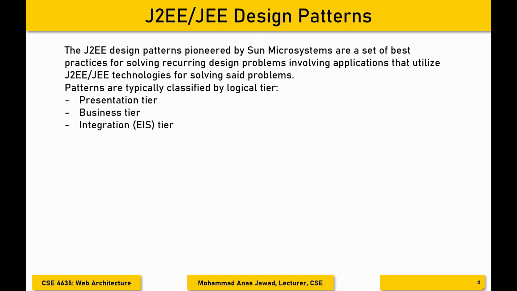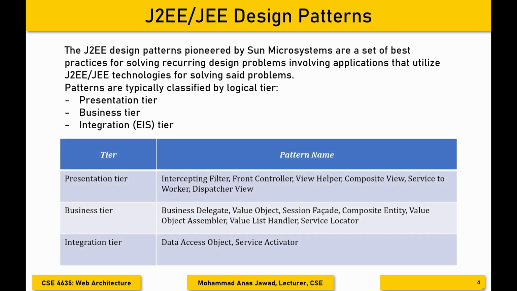Let's take a look at which design patterns are used at each of these tiers. Under the presentation tier, we have patterns like intercepting filter, front controller, view helper, and so on. Similarly, under the business tier, we have business delegate, value object, session facade, and so on. And finally, under the integration tier, we have patterns like data access object, service activator, and so on.